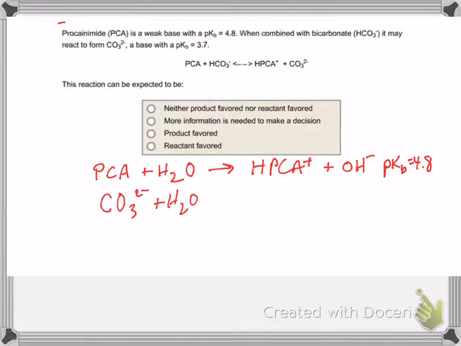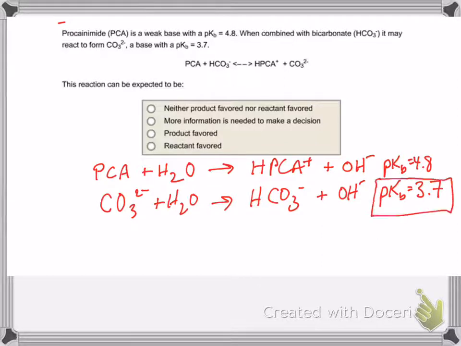So here's the reaction for PKB, 3.7. And so we have PCA in the reactants, we have CO3 2 minus in the products. And so the question asks, is this expected to be reactant favored or product favored?